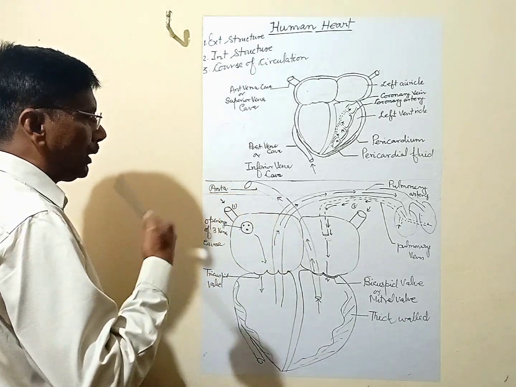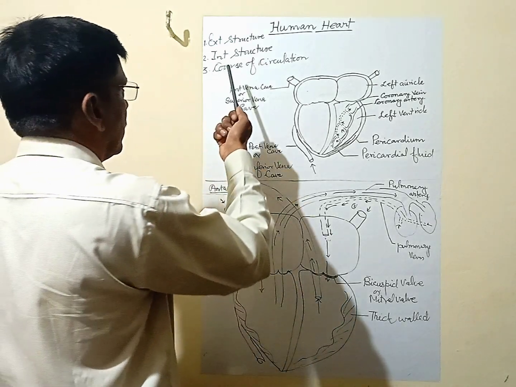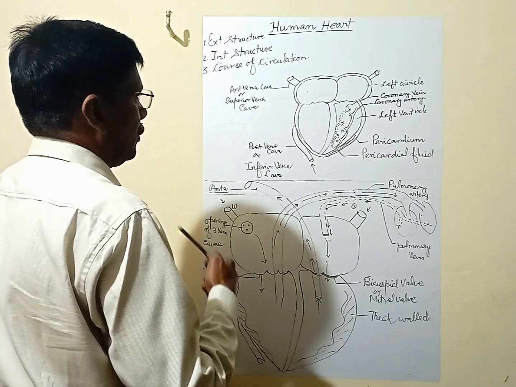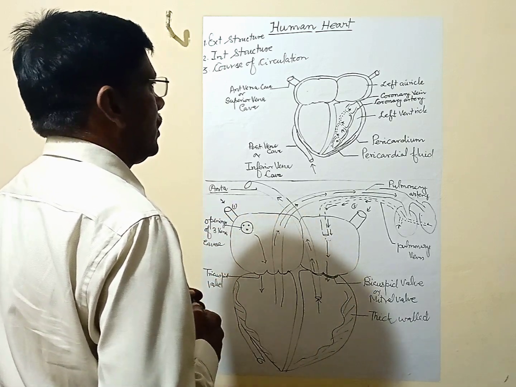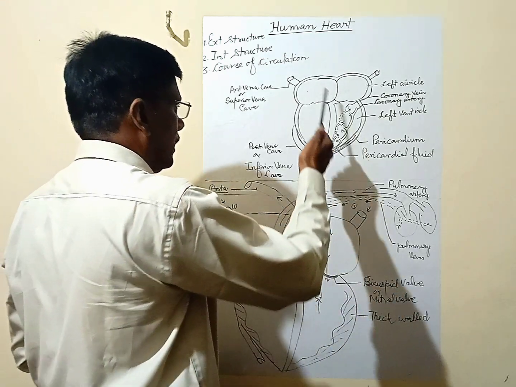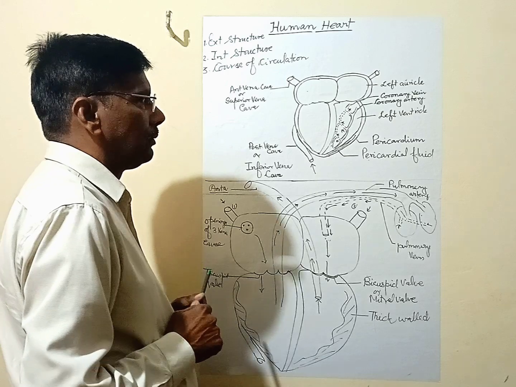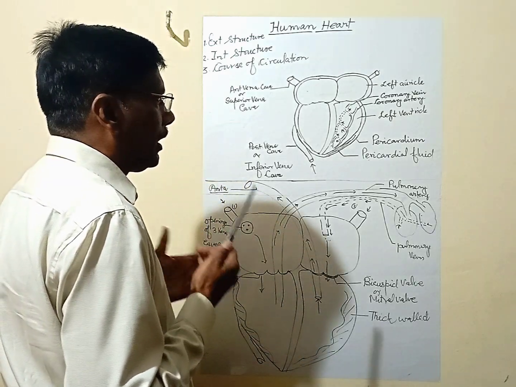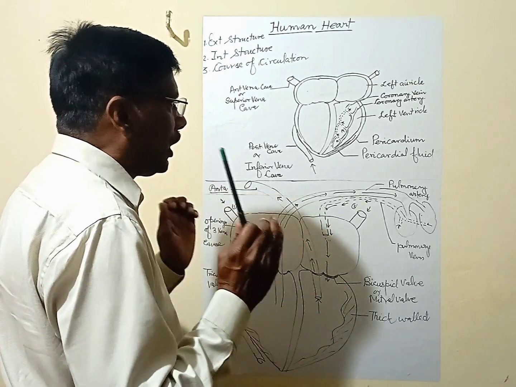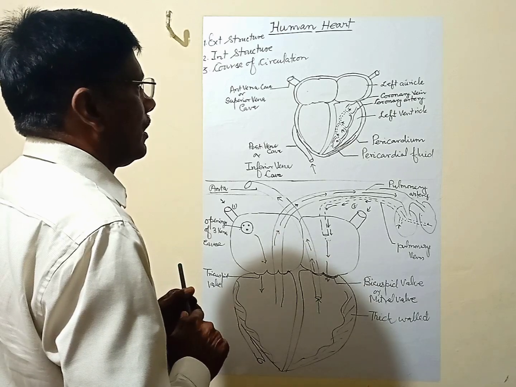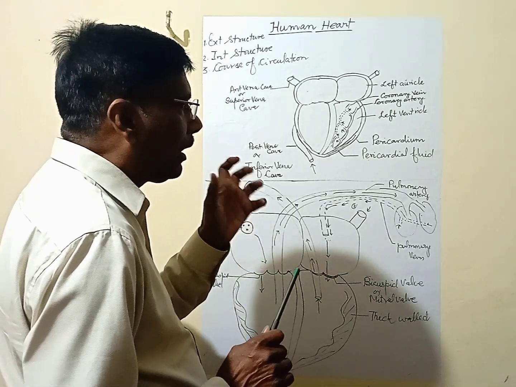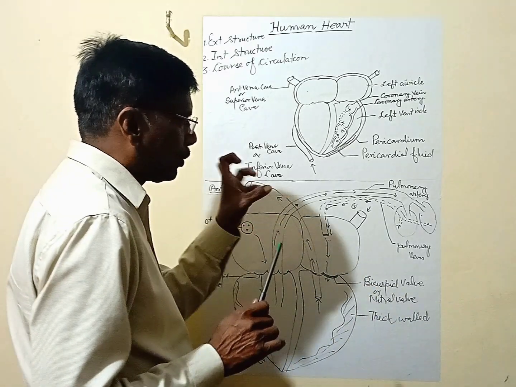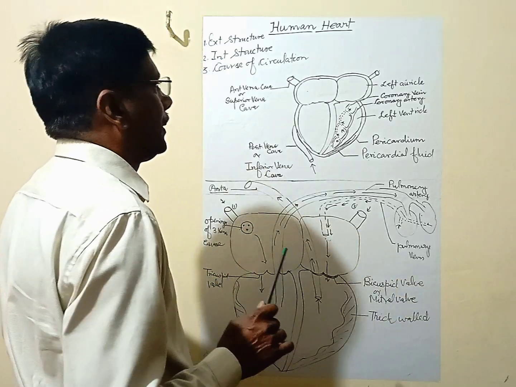Before we understand the internal structure, we should know about the morphology also. The heart is a triangular structure. It is located in the chest cavity, in between both the lungs. It is pink in color.